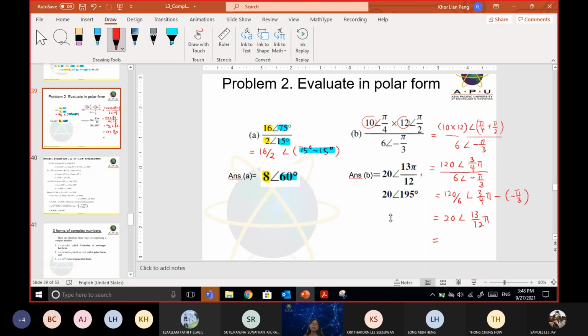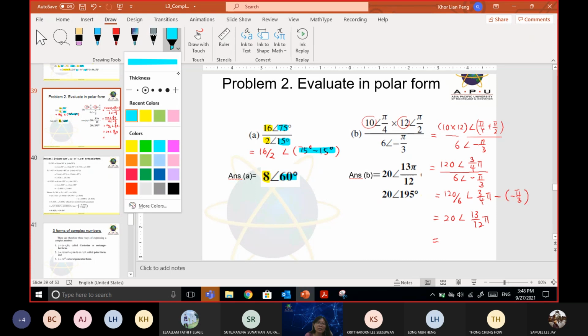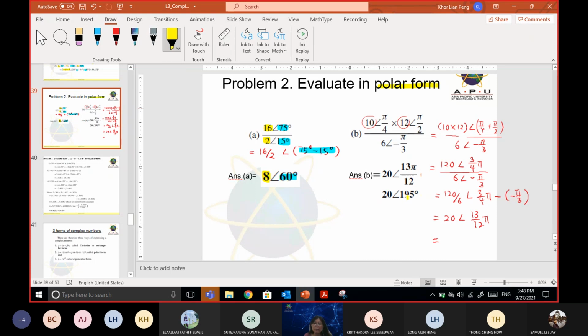Now since you need to put it in the polar form, remember normally theta is in degrees. So this one you need to change to degrees. When we change 13 over 12 pi to degrees, you take 13 divided by 12 times 180. That means 13 over 12 pi, you need to multiply by 180.